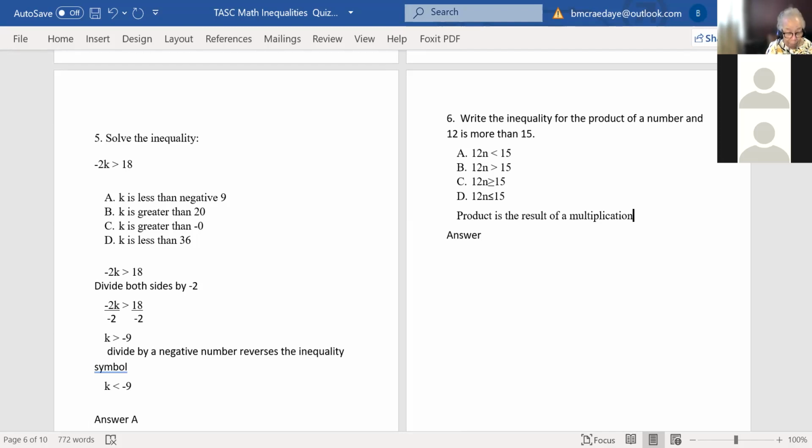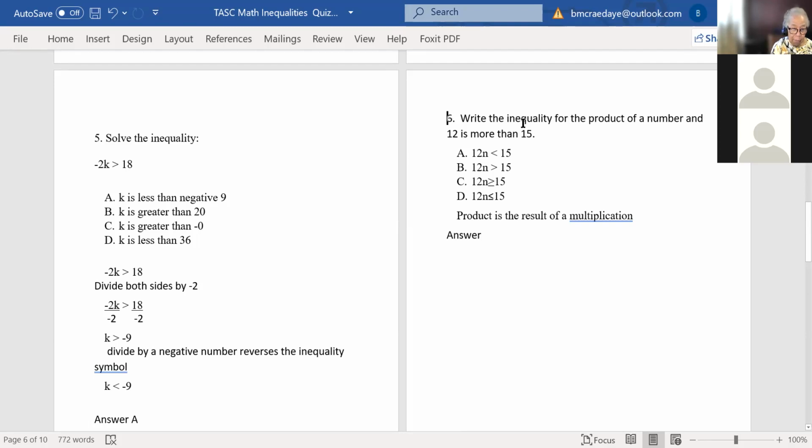Write the inequality for the product of a number and 12. Is it more than or less? It says write the inequality for the product of a number and 12, and it's more than.